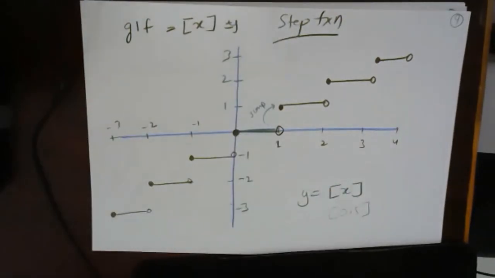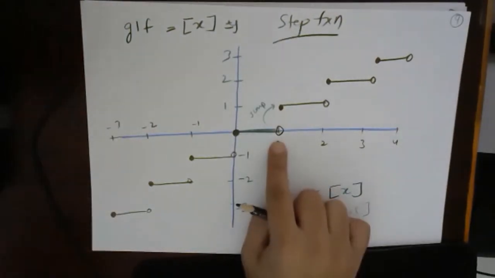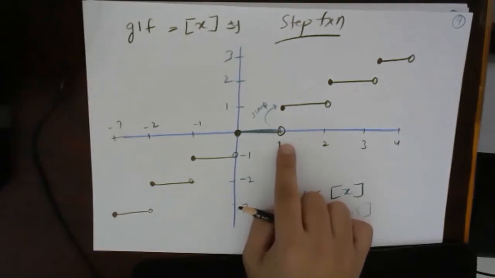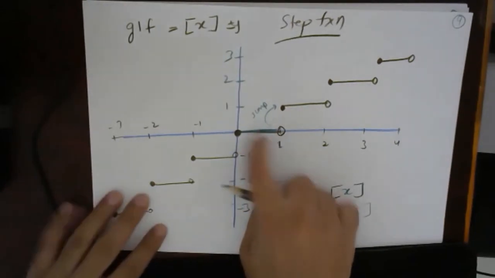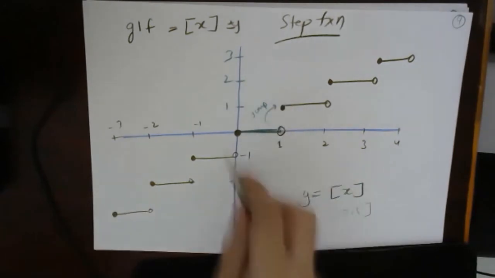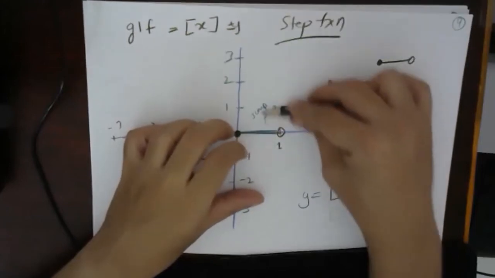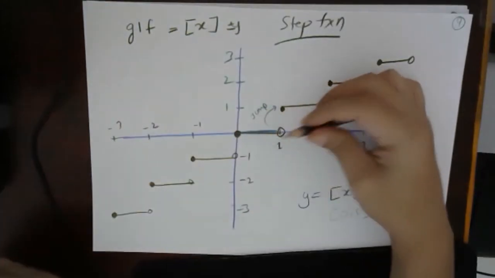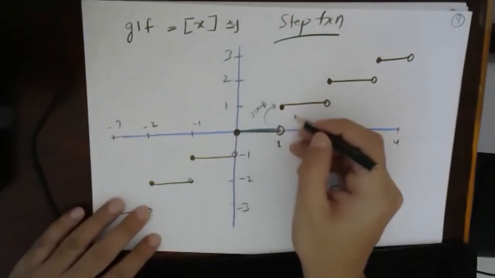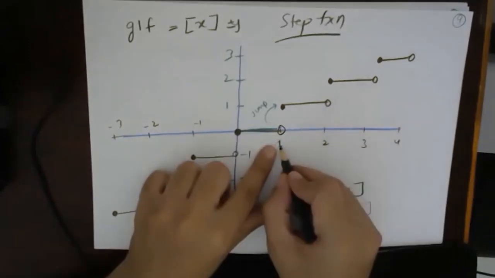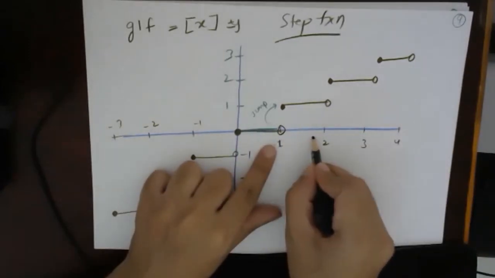Just as we move to 1, it jumped. Understood? So that is why there is a discontinuity. There is a gap in between. You can say it's a kind of a Super Mario, right? It has jumped. Okay. Next is from 1 to any number after 1.